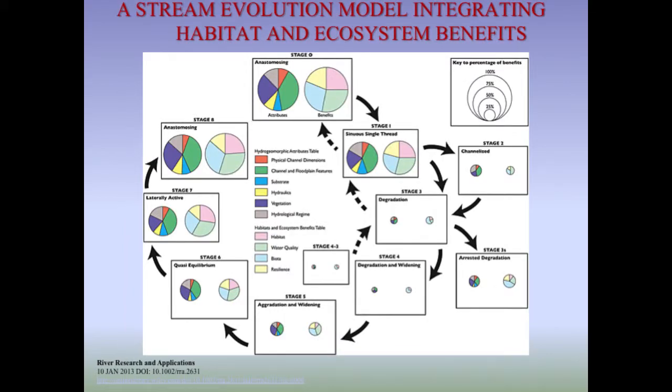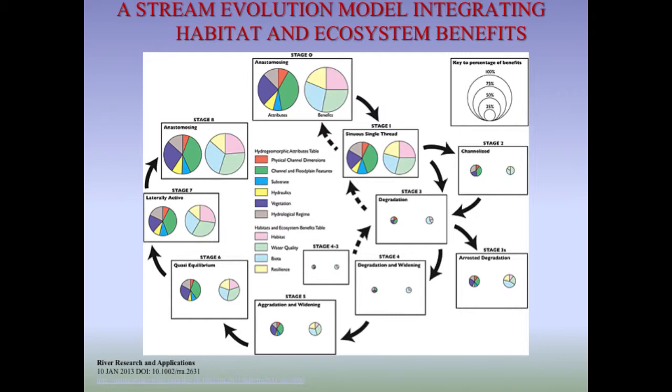They also evaluated the functionality of these different stages of stream evolution. And to cut to the chase, what they really found was that the most functional systems are the anastomosing streams, in terms of things like water quality function and habitat support, followed closely by a stable single thread channel.